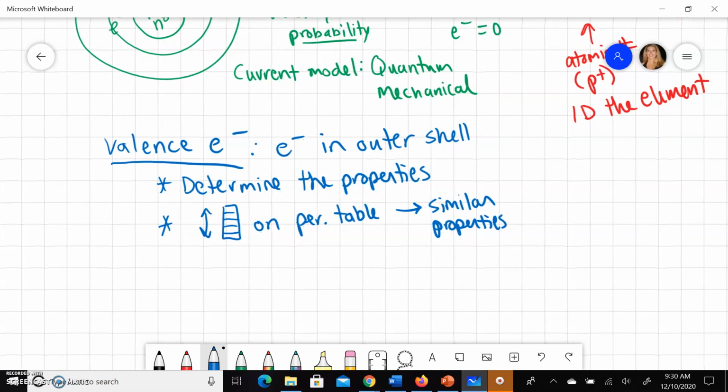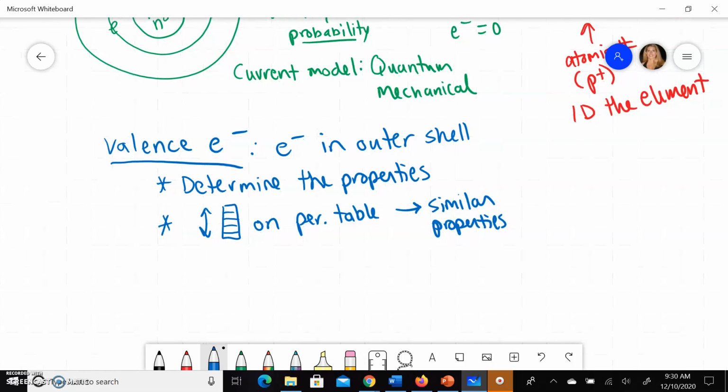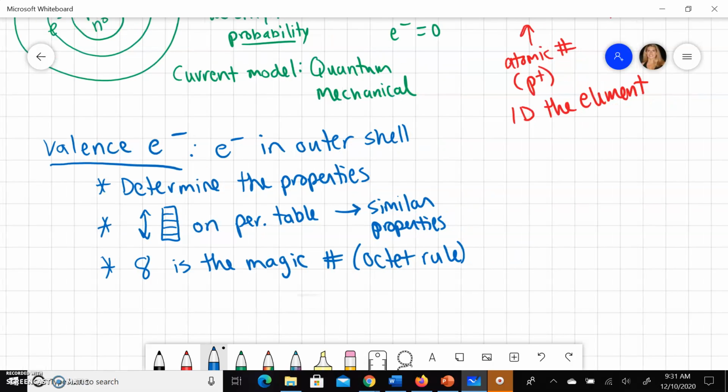So everything in the oxygen column is going to react about the same as oxygen because they all have the same valence electrons. And when we're talking about valence electrons, 8 is the magic number. We call that the octet rule. So atoms are going to try to gain or lose or share electrons to meet that magic number of 8.